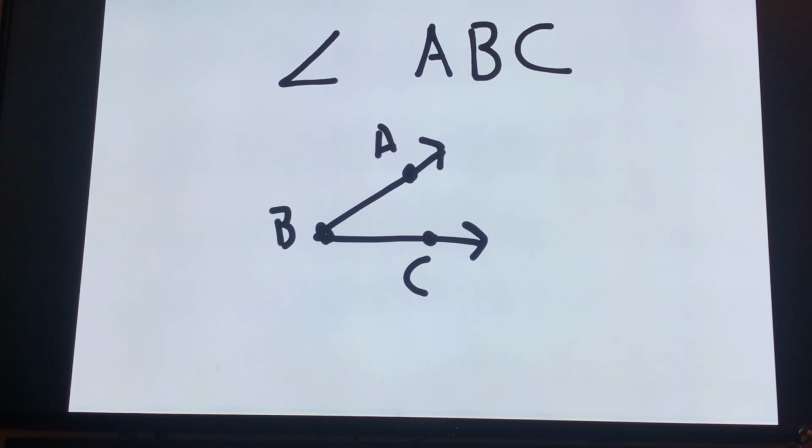So the ray here is going to be B to infinity. But the segment is going to be B to A, and the segment is going to be B to C.